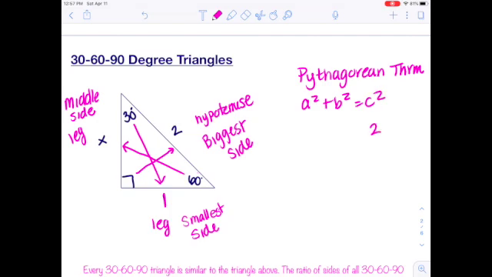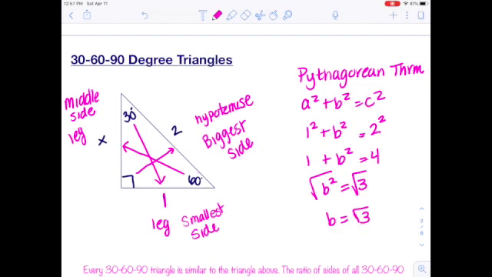Our hypotenuse is c. 2 squared is equal to one of our legs, call it a or b, it doesn't matter which one you call it, 1 squared plus we'll solve for our b squared. So that gives you 1 plus b squared is equal to 4. So b squared is equal to 3. And then solve by square rooting, again throwing out our negative value, square root of 3.